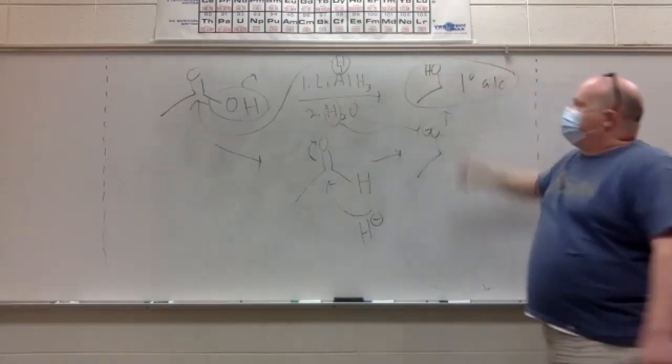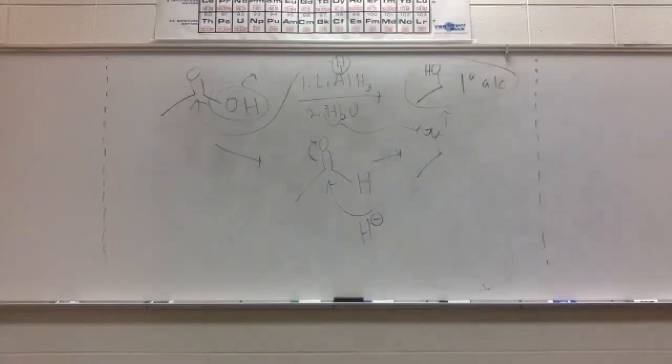We produce a primary alcohol. So carboxylic acids plus strong lithium aluminum hydride, it's a tongue twister, produces a reduction all the way to the primary alcohol. Okay? So far so good?